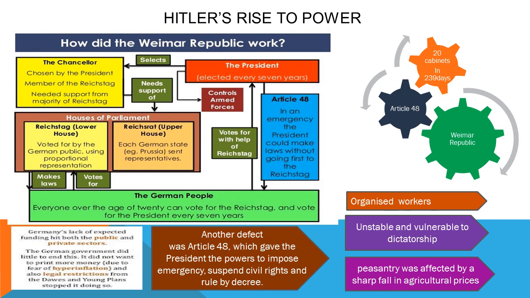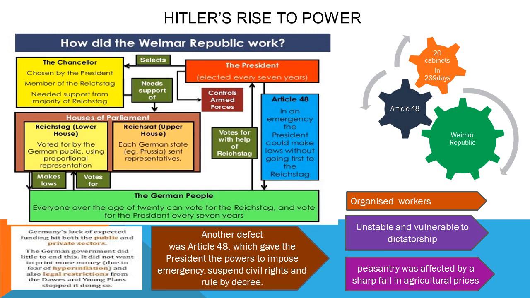Politically too, the Weimar Republic was fragile. The Weimar Constitution had some inherent defects which made it unstable and vulnerable to dictatorship. Another defect was Article 48, which gave the president the power to impose emergency, suspend civil rights, and rule by decree.